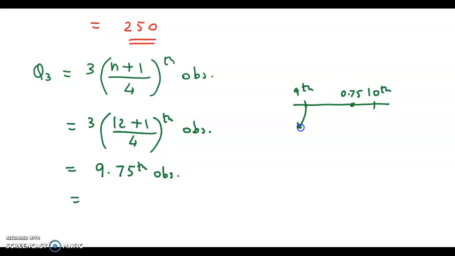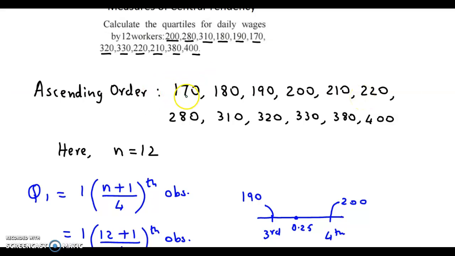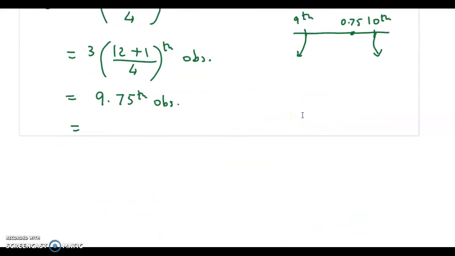So let's locate the 9th and the 10th observations. So we have 1 2 3 4 5 6 7 8 9 and 10, right? 320, 330. So 320 and 330.